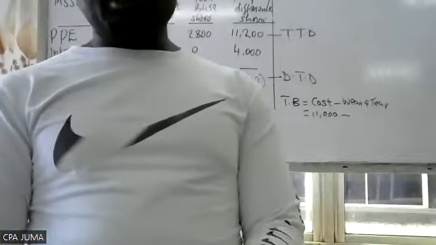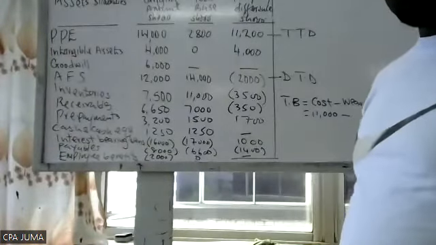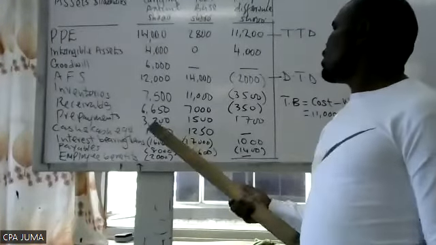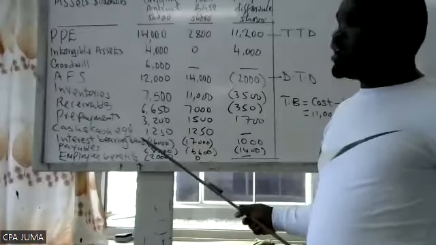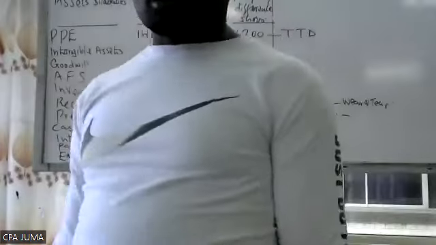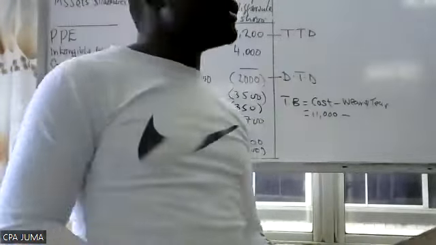Faith is saying she cannot see where this 1250 is coming from, the cash and cash equivalents. Can somebody online tell us where we are getting the 1250?